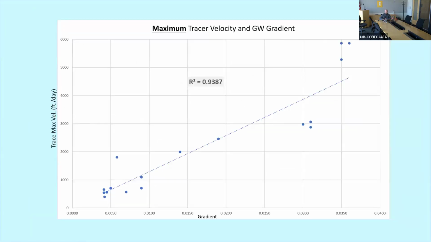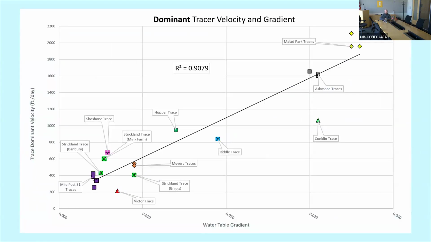Now, for the maximum groundwater tracer velocity versus groundwater gradient, we just applied a linear trend for an R² of 0.93. And then the dominant velocity versus groundwater gradient is shown here, which I think is a much better data set, with an R² of 0.90.